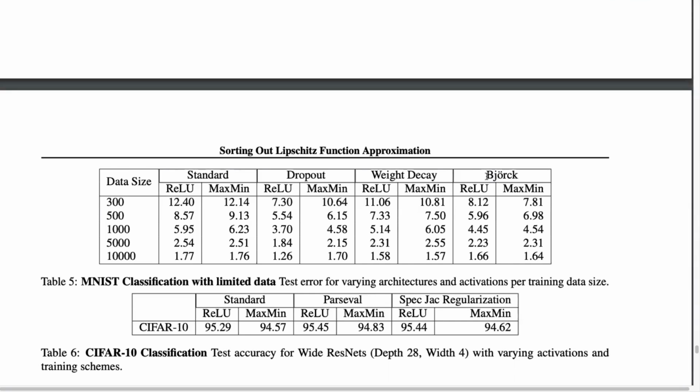So the last column would be theirs? Or everything with min max is theirs, right? That's the comparison. I think both of these columns are theirs, and this is the one where they used orthogonal weights as well as max min. Oh, okay. And these are the test errors. Okay, so sort of comparable with ReLU. Slightly worse.